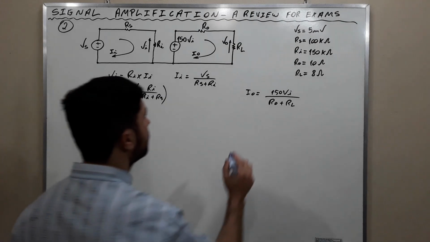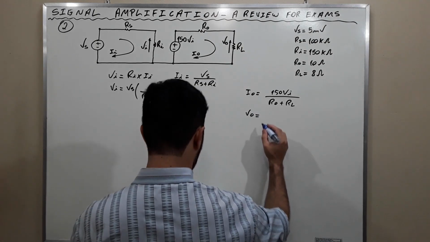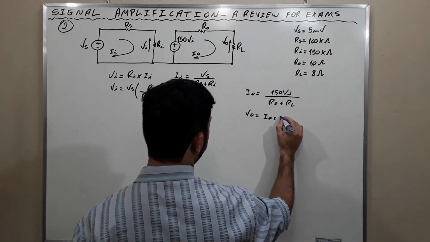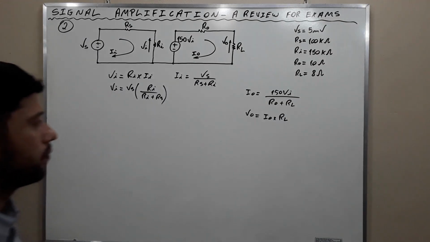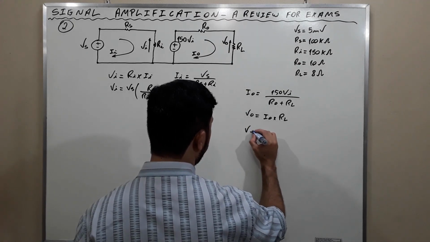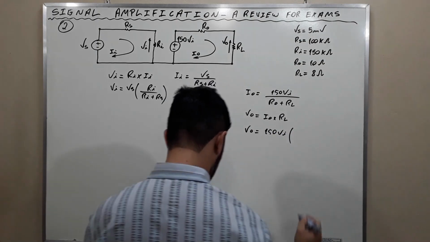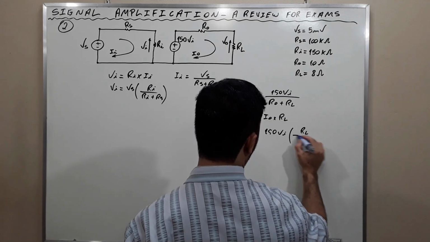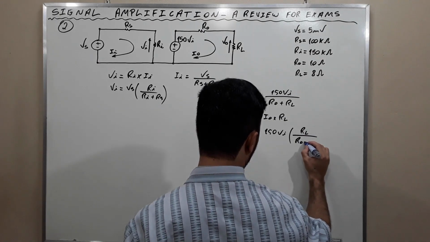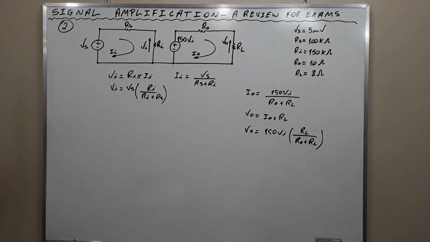And since Vo is equal to Io times RL, we can write that Vo is equal to 150 Vi times RL over Ro plus RL. Alright? Are you guys understanding?